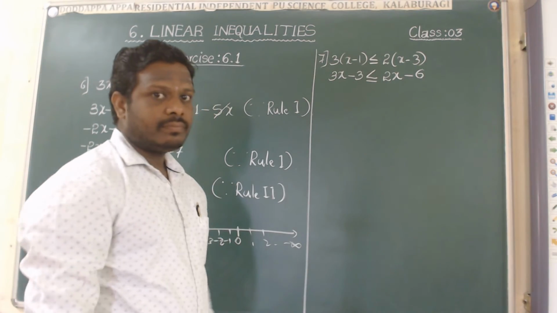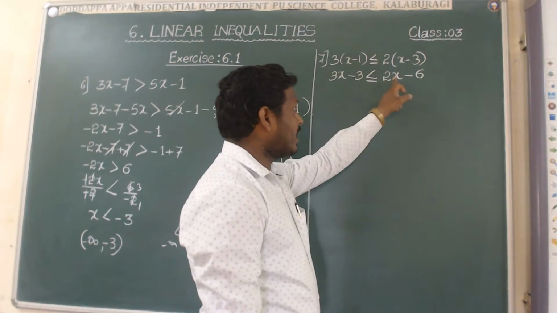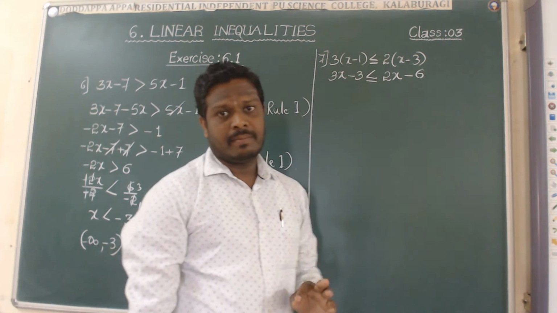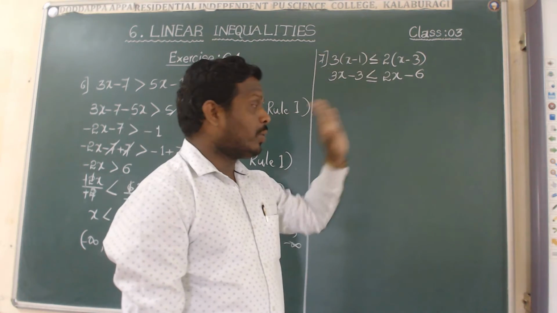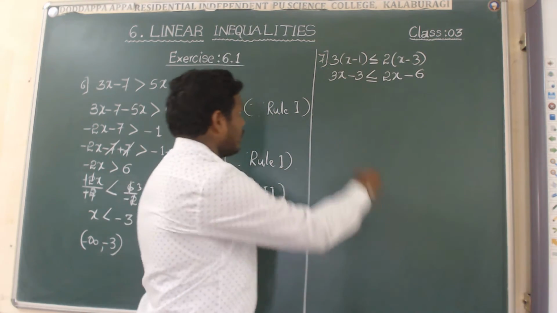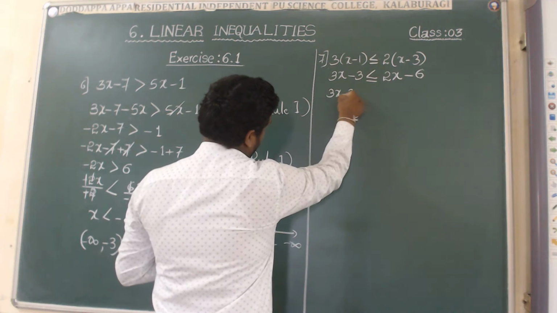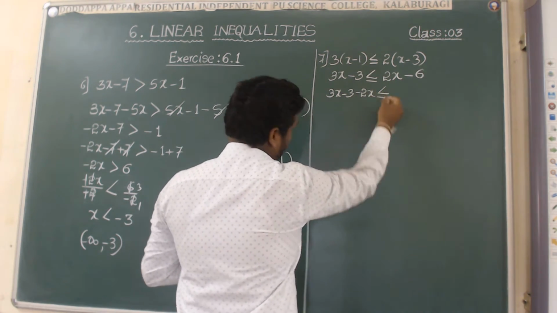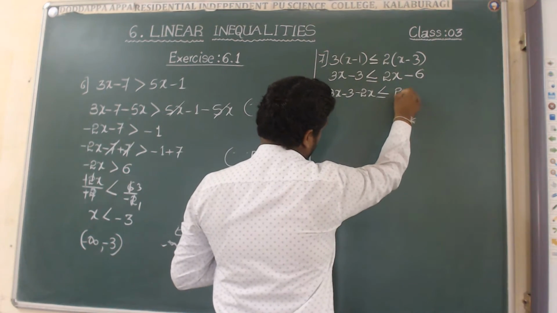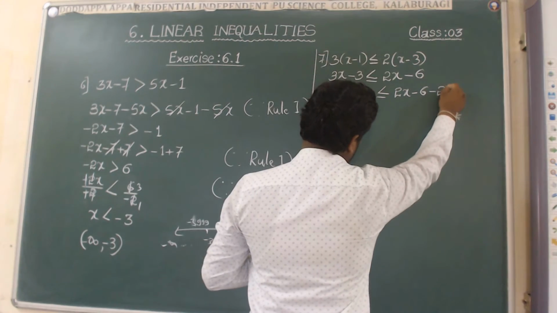Okay. Now I am coming to the next point. I am removing the 2x from the RHS by using the first rule, that is subtracting 2x from both sides. I will write here 3x minus 3 minus 2x less than or equal to 2x minus 6 minus 2x.